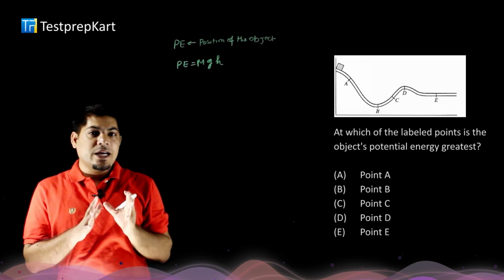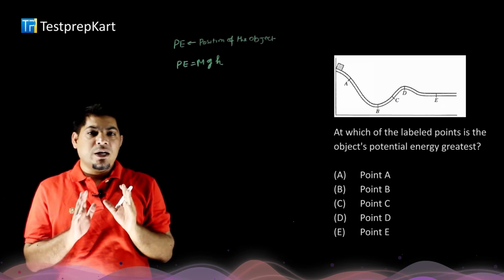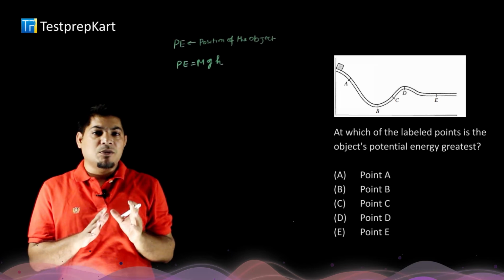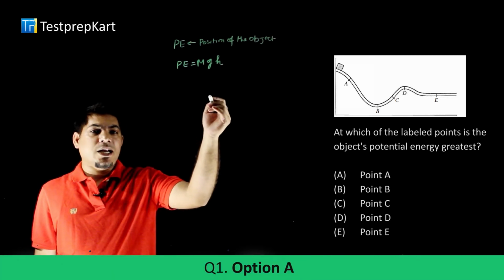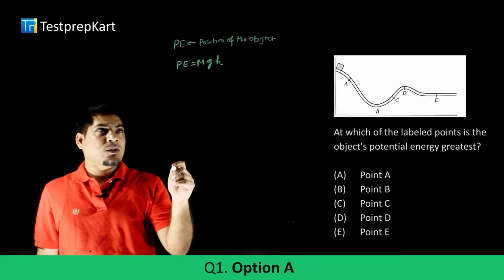So in this figure we can see that at position A, the object will have maximum height. So at this point potential energy will be high. So choice A is correct for question number 1.